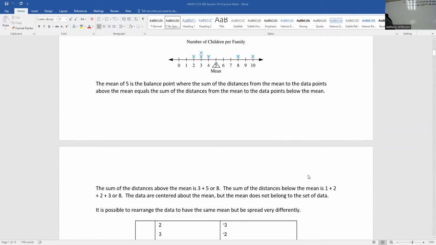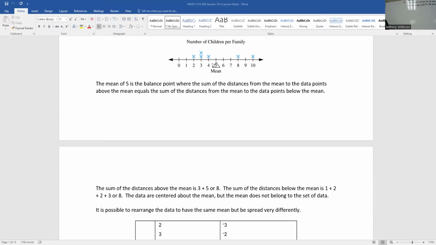So in this case, to simplify that, the sum of the distances above the mean is going to be 3 plus 5, or 8. Here, this 8 is 3 places to the right of the mean, and the number 10 is 5 places to the right of the mean. So if you add 3 and 5 together, you get 8. Whereas here, the number 2 is 3 places to the left of the mean. The number 3 is 2 places to the left, and the number 4 is 1 place to the left.